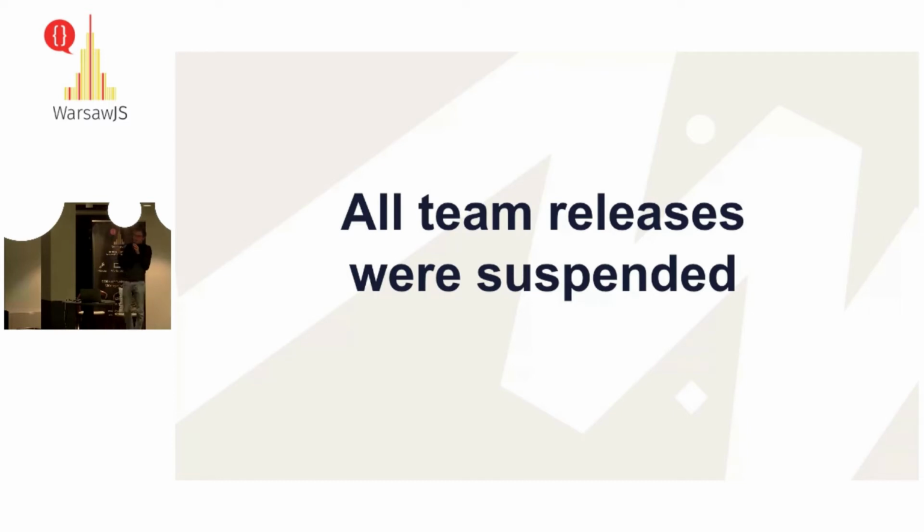Maybe there will not be any major tricks or advice for you, but at least the experience, I believe, is really valuable. So we decided to suspend all of our releases. It doesn't matter if we release any new features if users cannot use them, right? If this tool cannot be opened at all, if it just gets stuck during loading, it doesn't make any sense how many features we have.